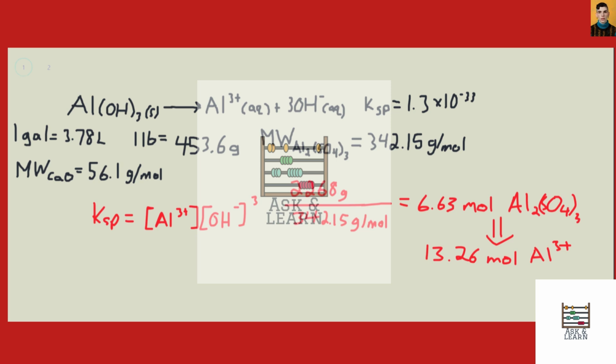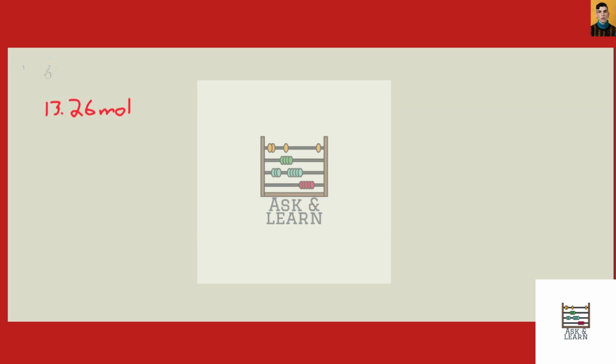So 3.78 times 2,000, that's going to be 7,560 liters, which is going to equal a concentration of 1.75 times 10 to the negative third molar.